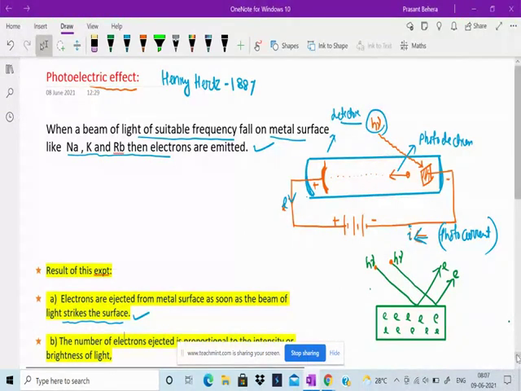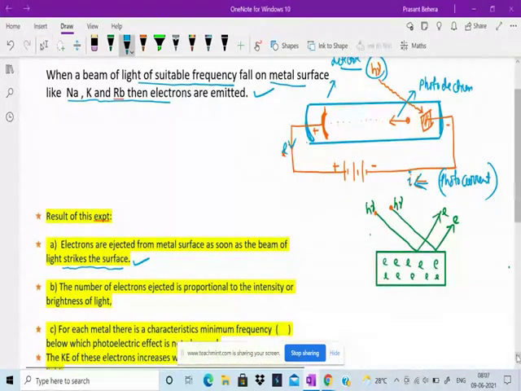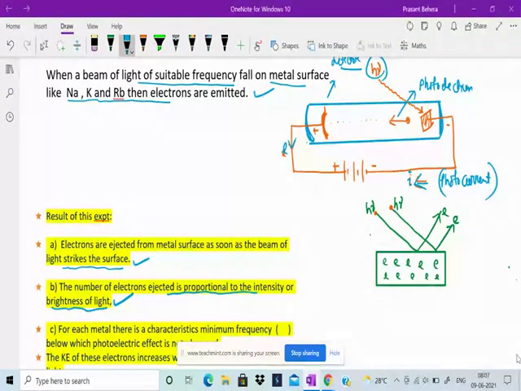Then the second result: the number of electrons ejected is proportional to the intensity. If more photons, that means more light, fall on the metal surface, more electrons are ejected. If the intensity of the light, called the brightness, increases, the photocurrent also increases, as well as the number of photoelectrons.